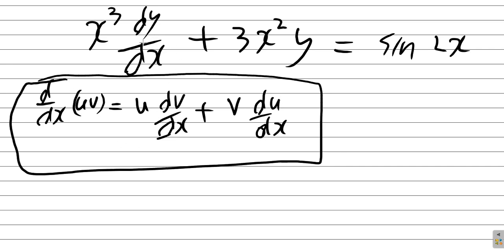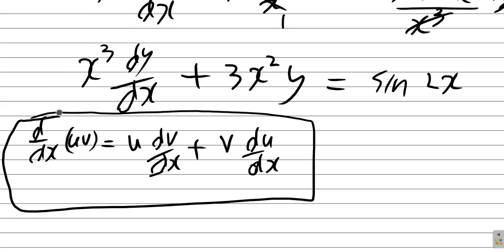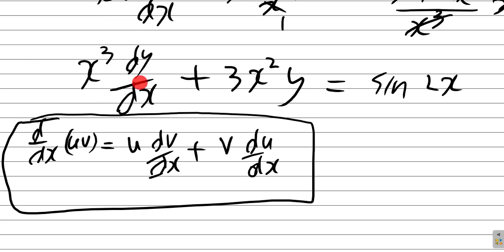How does it apply to this? Let me see. It seems you differentiate y here. So if you differentiate here, you would have held x cubed. So if you hold x cubed here and differentiate y, then you should hold y here and differentiate x cubed. Now it seems like you did hold y as it is.